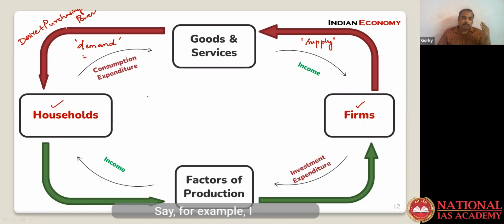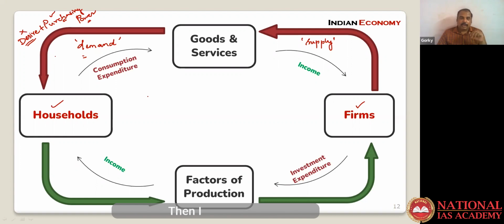For example, I may wish to have a Rolls Royce. That is a desire. But do I have the ability to purchase it? If not, my desire may not convert into demand. The company will not consider me a customer, right? Or I may have the purchasing power, say 2 crore in cash, but no desire to purchase a Rolls Royce.